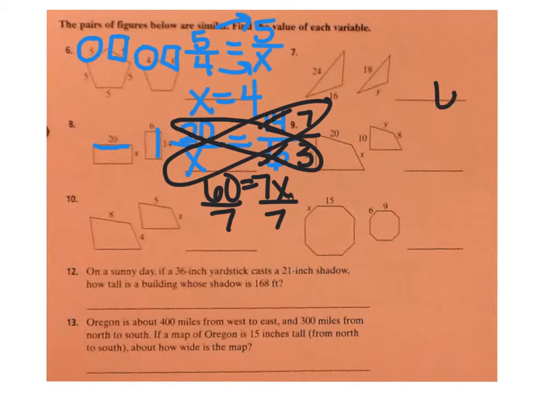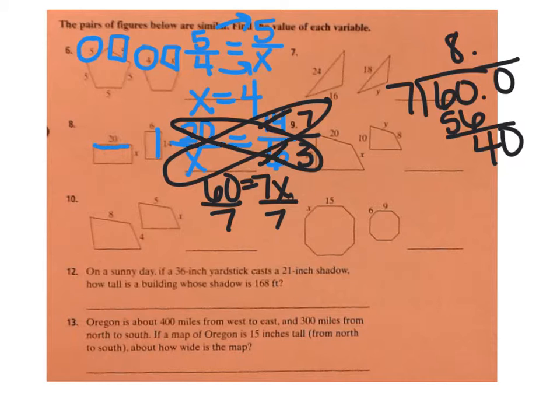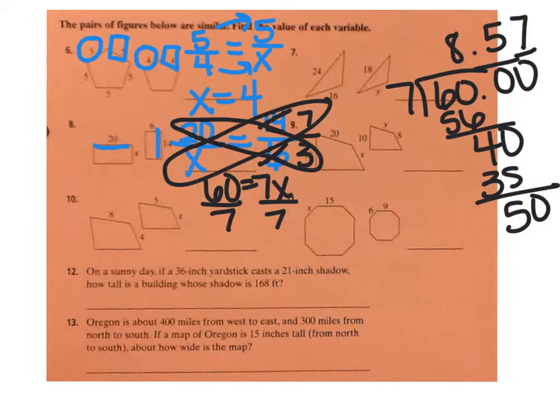And if I go do that division, 60 divided by 7, just go ahead and work out that decimal. 7 goes into 60 8 times. 8 times 7 is 56. I subtract and get 4. Bring down my 0. 7 goes into 40 5 times. 5 times 7 is 35. Bring down a 0. 7 goes into 50 7 times.